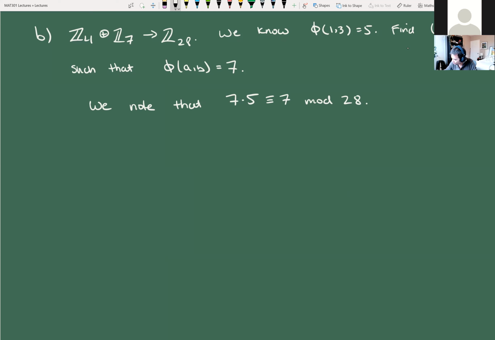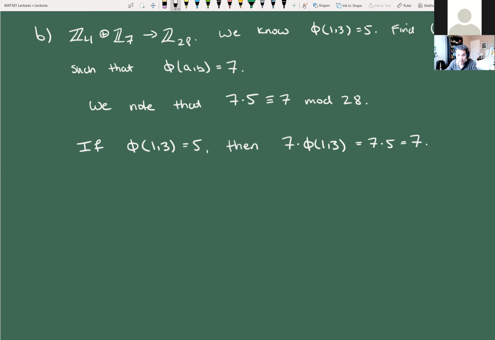I know then that if phi of 13 is equal to 5, if I multiply everything by 7, that will give me 7 on the right-hand side, right? Then 7 times phi of 13 is equal to 7 times 5, but mod 28 is equal to 7.